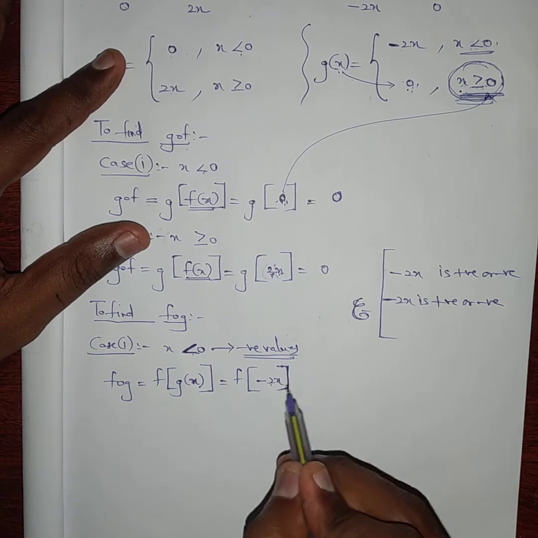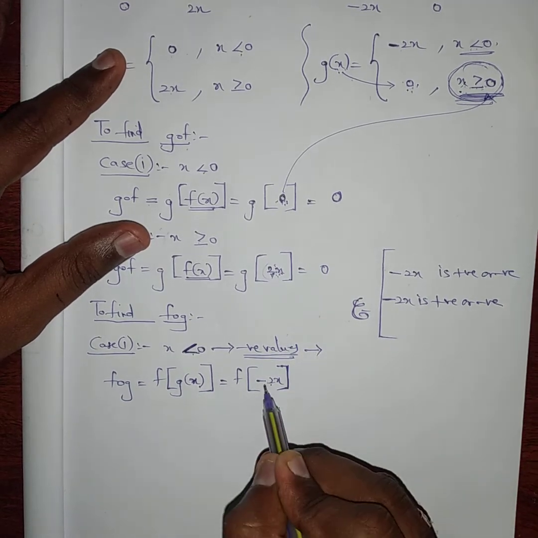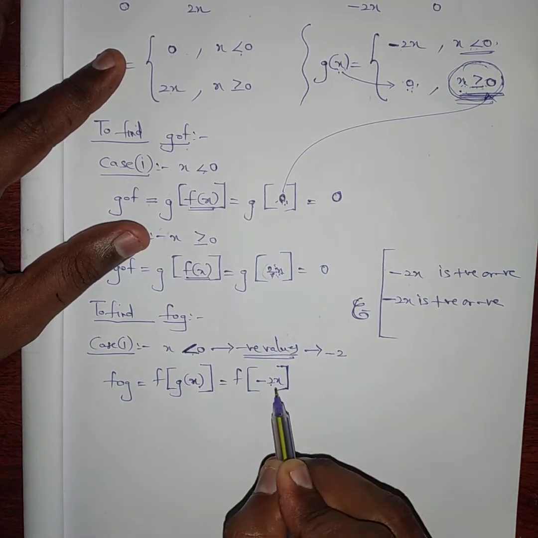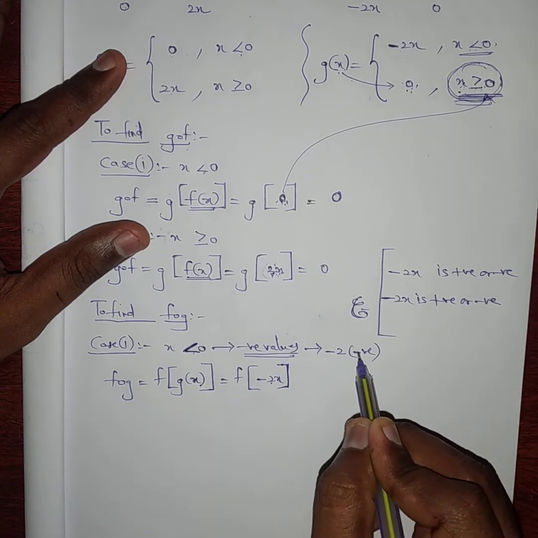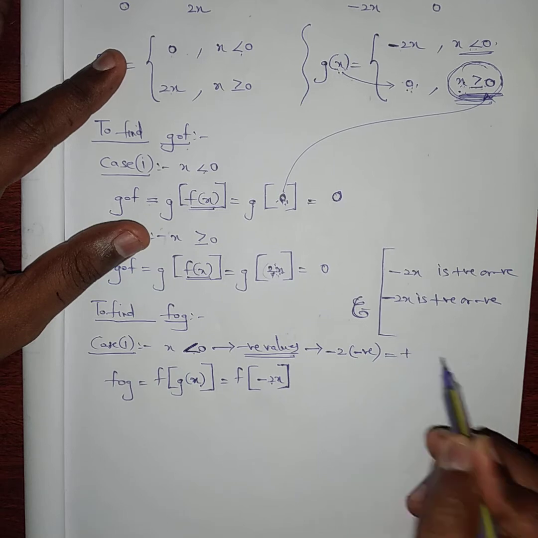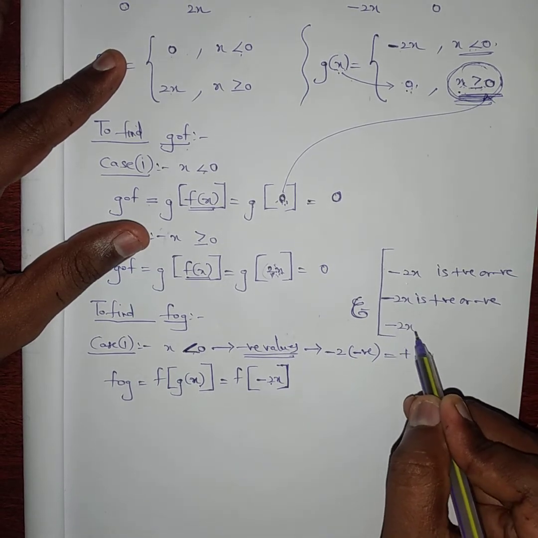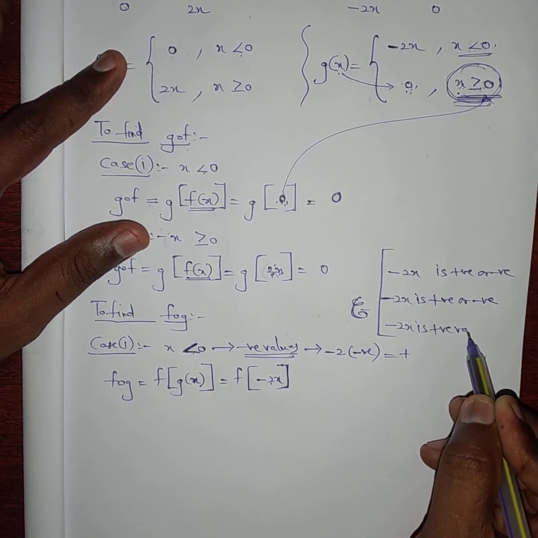Already minus 2 is present here, and x is also negative. Negative times negative is nothing but positive. So minus 2x is a positive value.